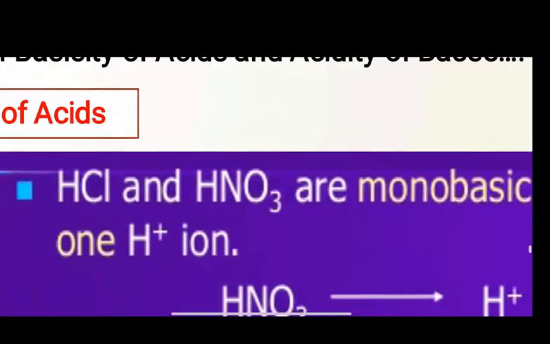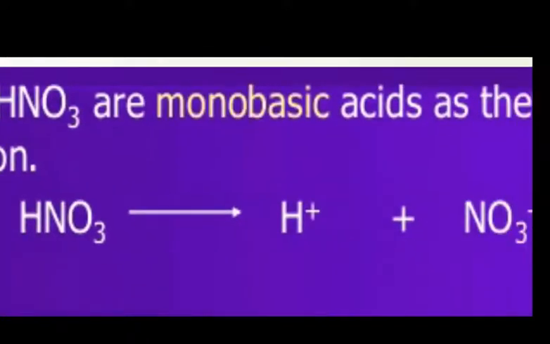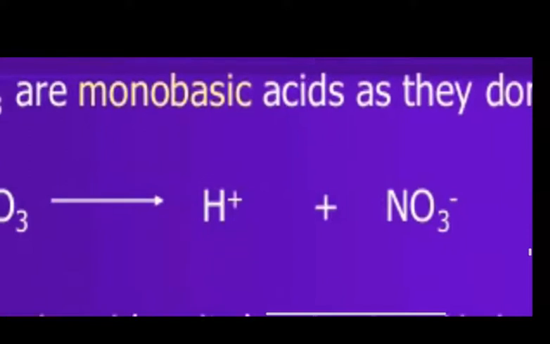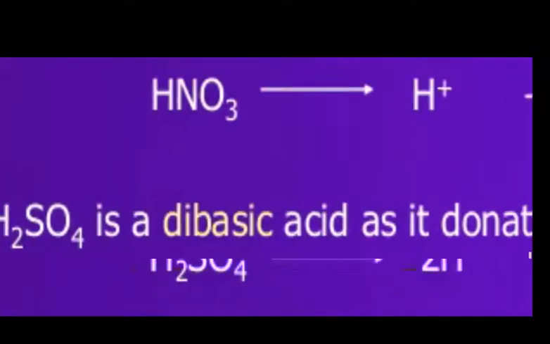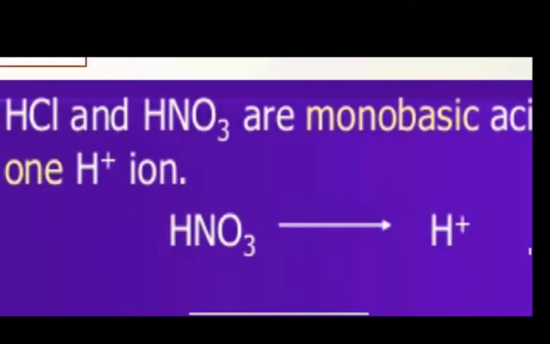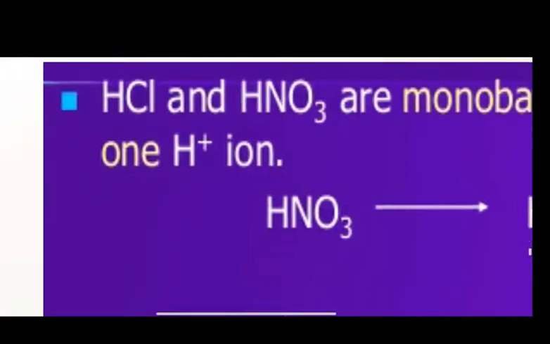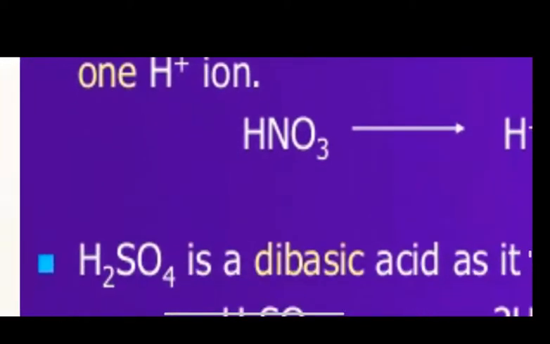It consists of only one hydrogen ion. Nitric acid gives H plus and NO3 minus. HCl also gives H plus and Cl minus. Understood?